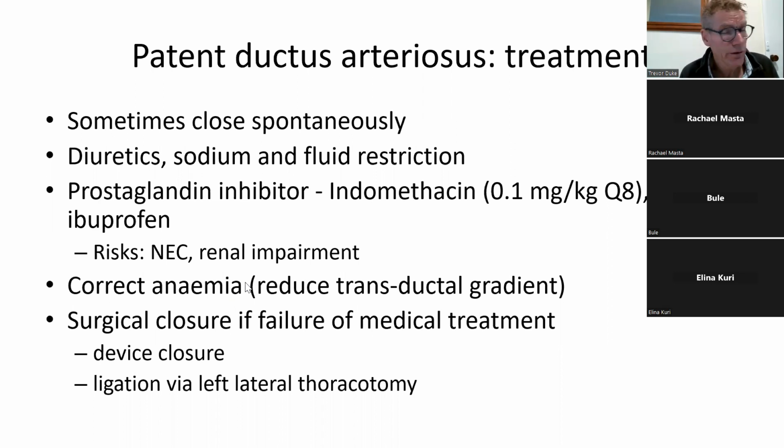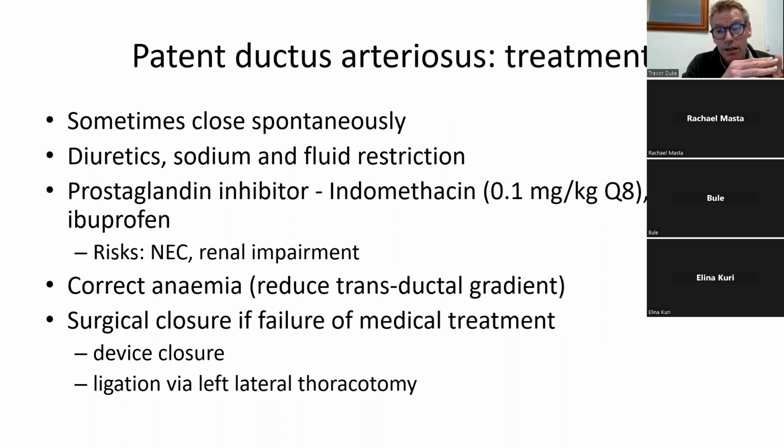It's useful to correct their anemia. If a baby with a PDA has anemia, then there's much more flow across the duct. And so if you bring their hemoglobin up to a normal hemoglobin for a newborn baby, so it might even be 12 to 14 grams per deciliter, then the gradient across the duct increases.